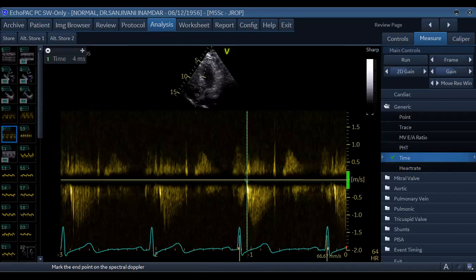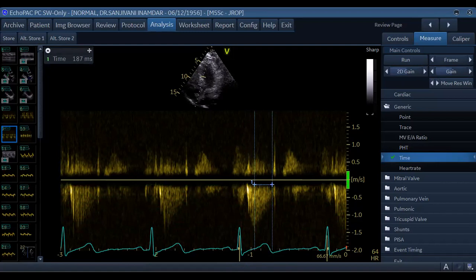If I draw my line from here to here, that will be a slope. That is different from this time. Right, this is time. Now look, I've measured how much time it took for acceleration. And from the mid of this acceleration time to this point is deceleration time.